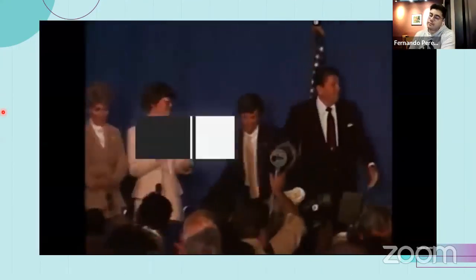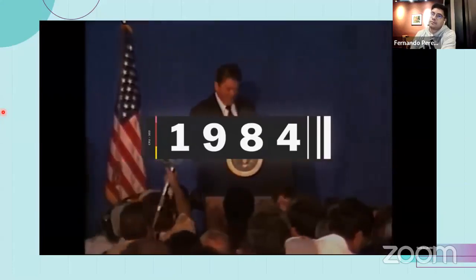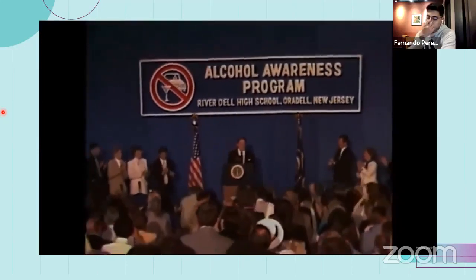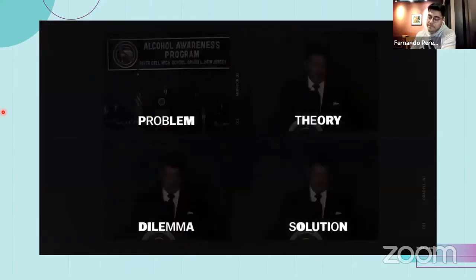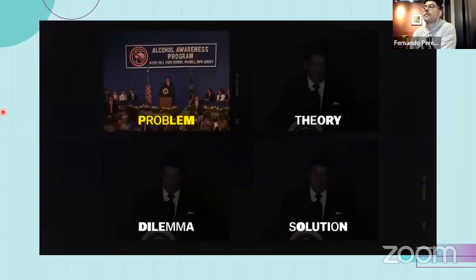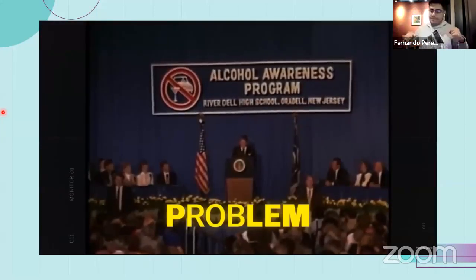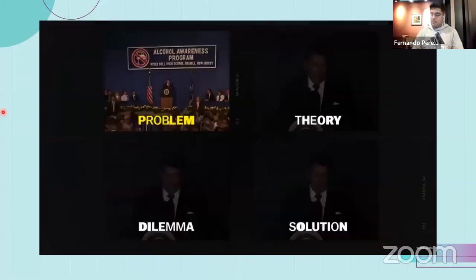This direction was clear at Riverdale High School in Oradell, New Jersey, where President Reagan explained his unpredictable political evolution. The problem? I appointed a presidential commission on drunk driving. They told us that alcohol-related automobile accidents are the leading cause of teenage deaths in this country. The theory.